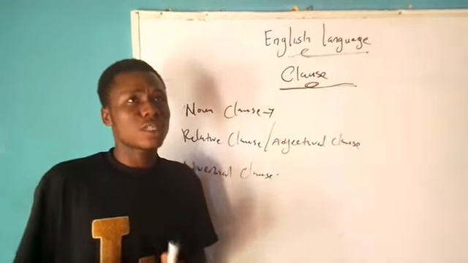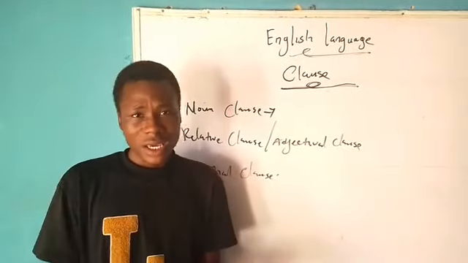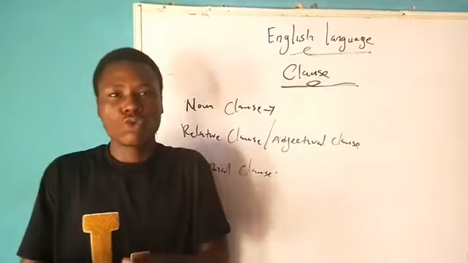And what do we mean by subordinate conjunction? Subordinate conjunctions are those type of conjunctions that join a subordinate clause to a main clause.